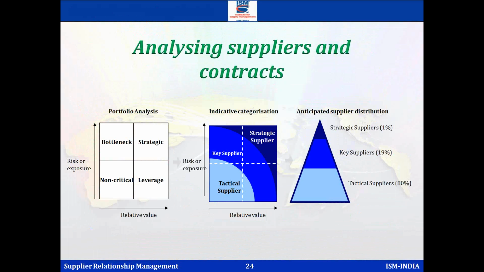So technical suppliers may be 80, key suppliers could be 19, because those are mainly leverage items and a few bottleneck items, but bottleneck doesn't have much value. Leverage is the major one, and strategic is only 1%. That's the place where I'm going to involve executive involvement.